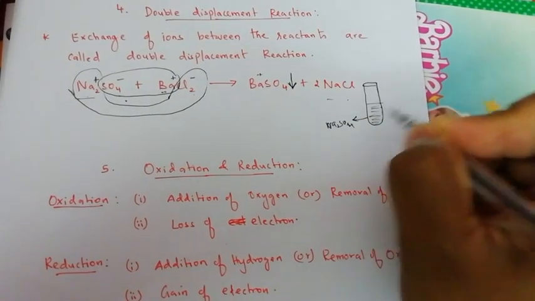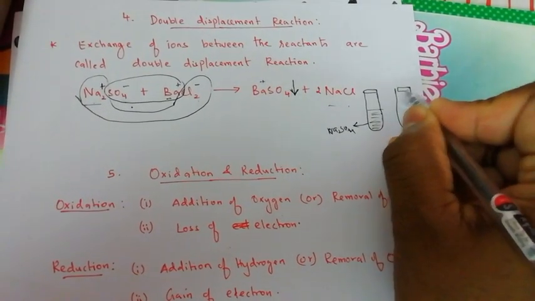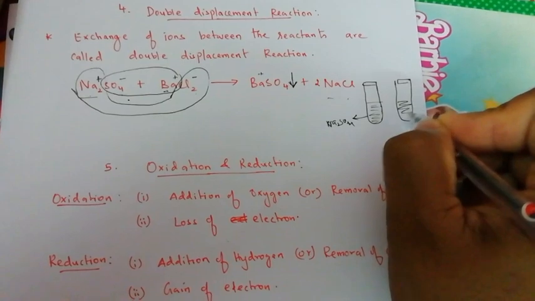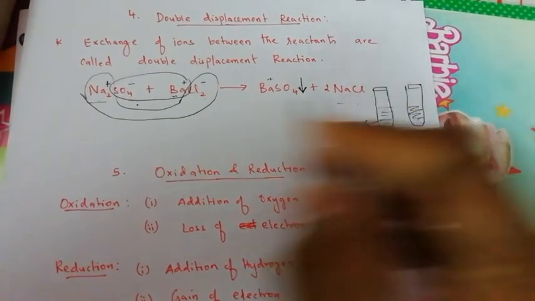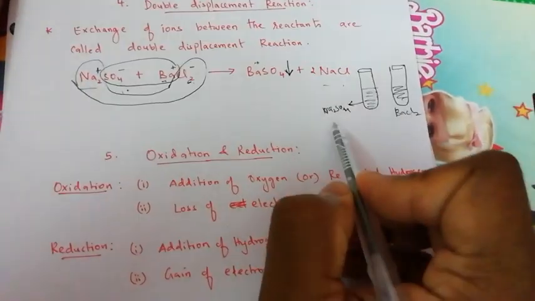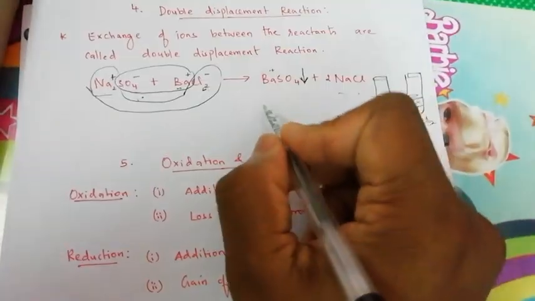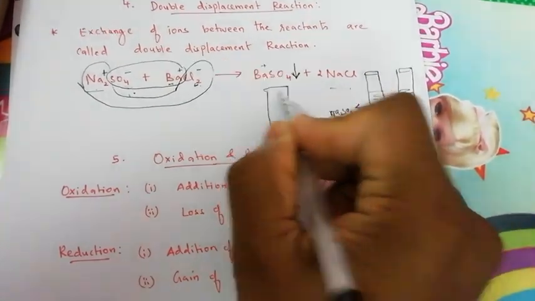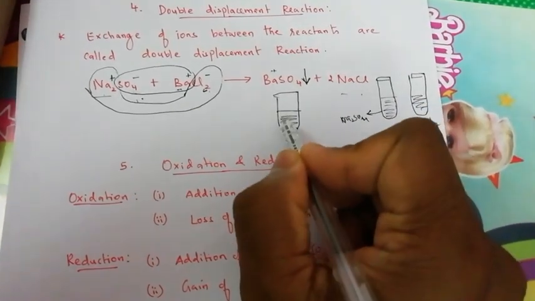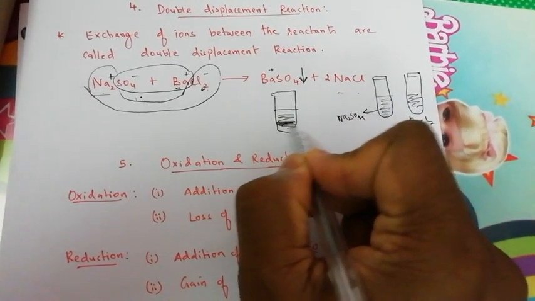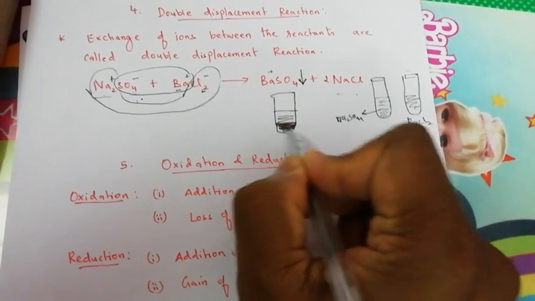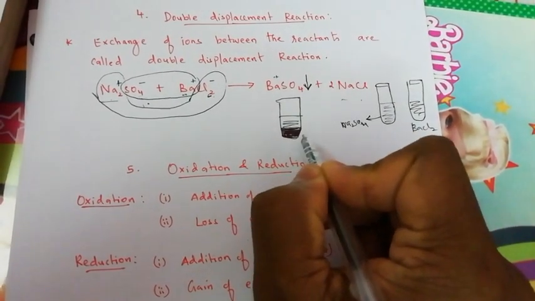Another test tube, I'm going to take barium chloride, BaCl2. These two, sodium sulfate and barium chloride, are going to be mixed together. After they mix together, you know, it turned into this barium sulfate, it turned into a solid substance.